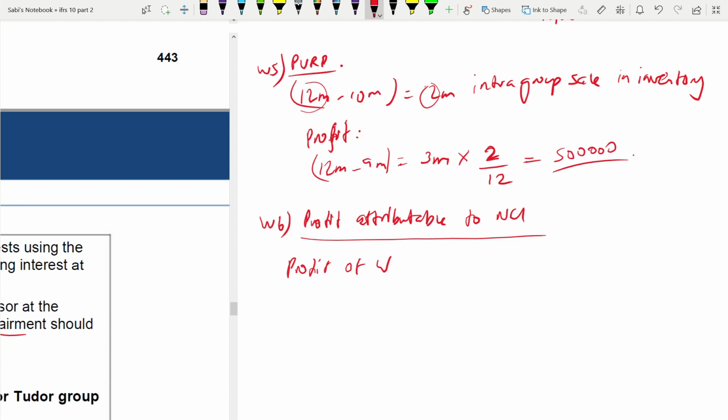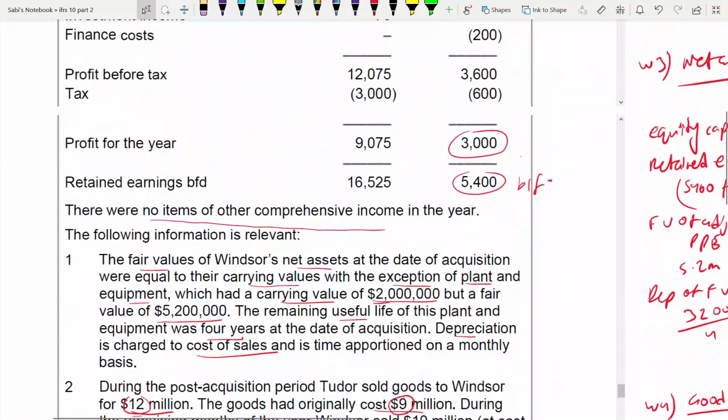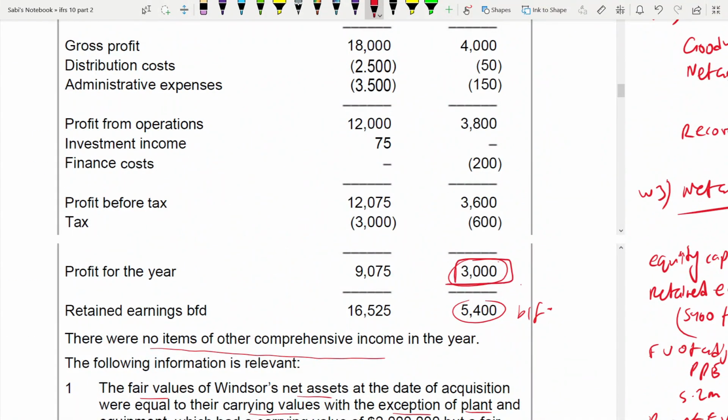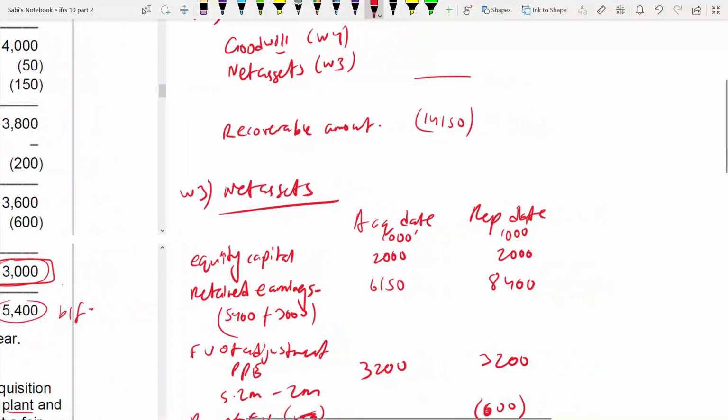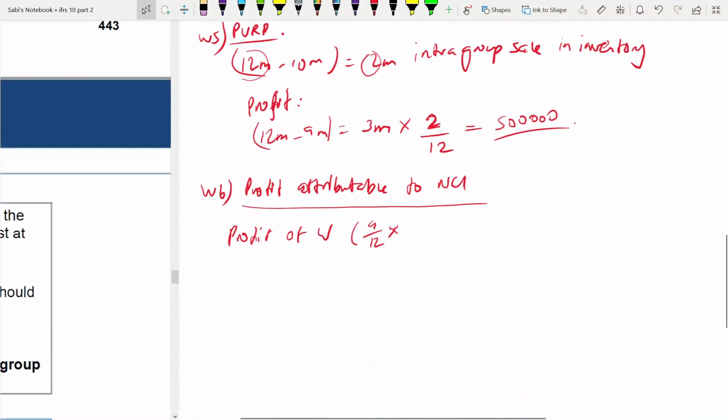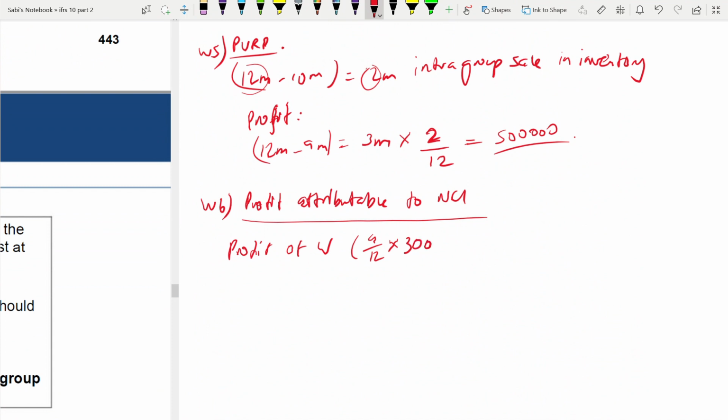You only have to take it for the 9 months. Okay, what is the profit? It is this 3,000. This profit for the year 3,000 you have to take only 9 months, which is 2,250.